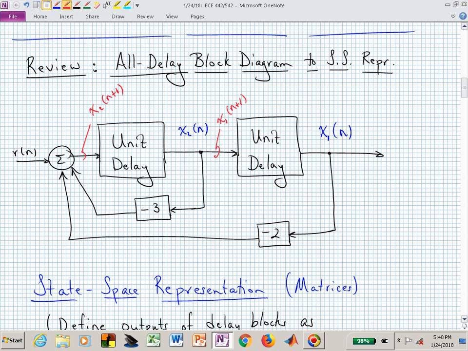And now, if somebody tells us, well, we're assuming that this particular signal is our output for this system. I think that's how we defined it before. Now we can take this and put it into a state space representation, which typically when I say a state space representation, I'm looking for the matrices.